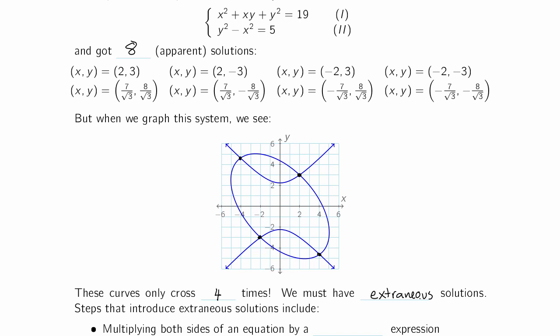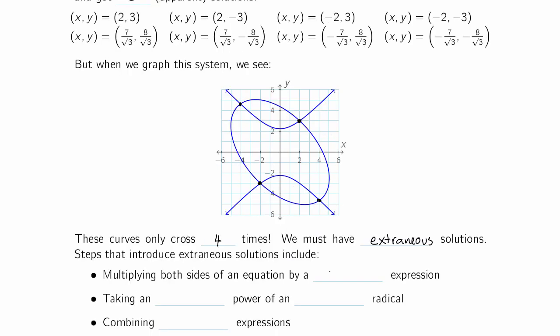And we had a short list of steps that might introduce extraneous solutions. They might turn up if we multiply both sides of an equation by a variable expression. That happens because we might accidentally multiply by 0. They might show up if we take an even power of an even root, because we might lose sign information when we do that.